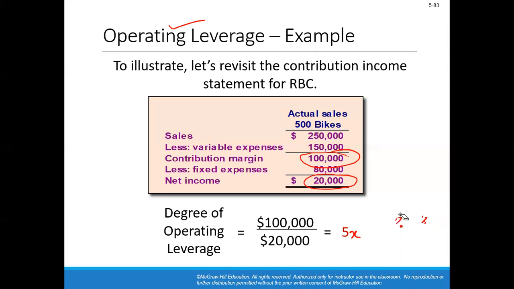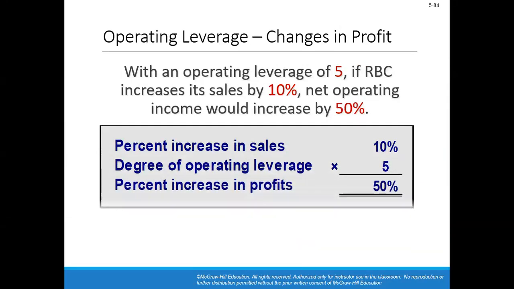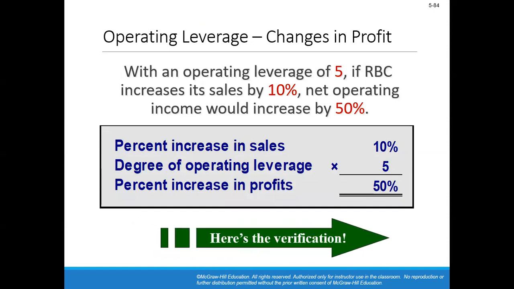This is how we interpret this number. So when we have an operating leverage of 5, if our sales go up by 10%, our operating income will go up by 50%. And the opposite is true: if my sales go down by 10%, net operating income will come down by 50%, all other things remaining the same.